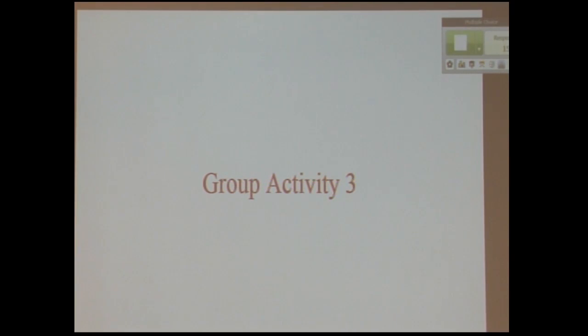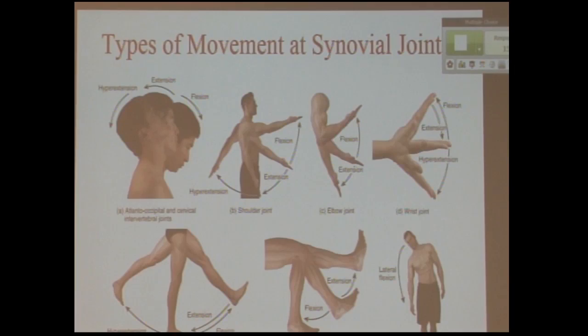You can start wherever you want and make a movement. You're going to demonstrate them one at a time. The other groups are going to try to write down the movement and where it happened, and we'll keep score if you want and see which group can accurately get all of the movements. Just at one joint?